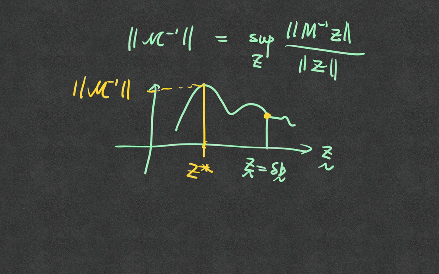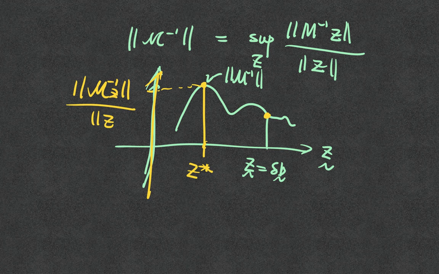Only this point is the M minus 1 norm. All the other points on the y-axis are M minus 1 Z divided by Z, but they are not necessarily the matrix norm itself. So only this red point is the norm.